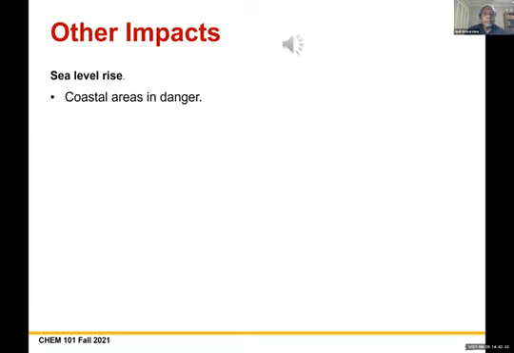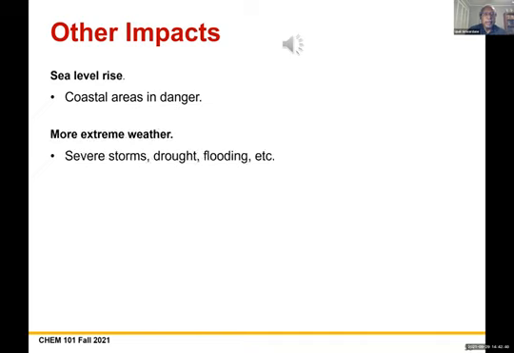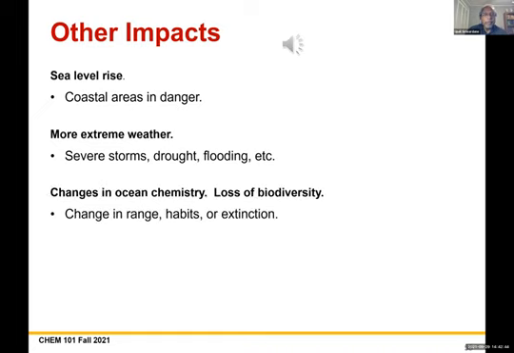This will affect coastal sea level rise. Coastal areas are in danger. More extreme weather, severe storms, drought, flooding, etc. Changes in oceanic chemistry, change habitat and extinction.